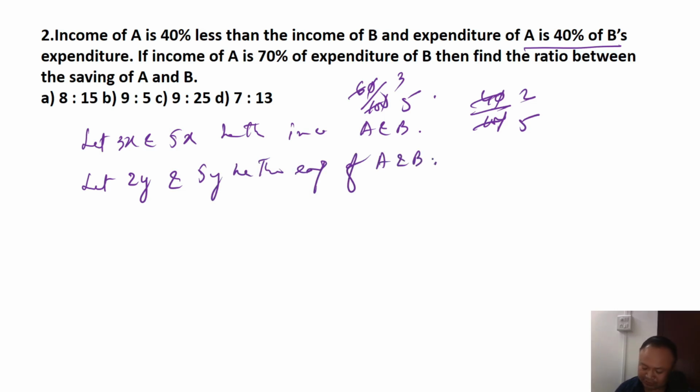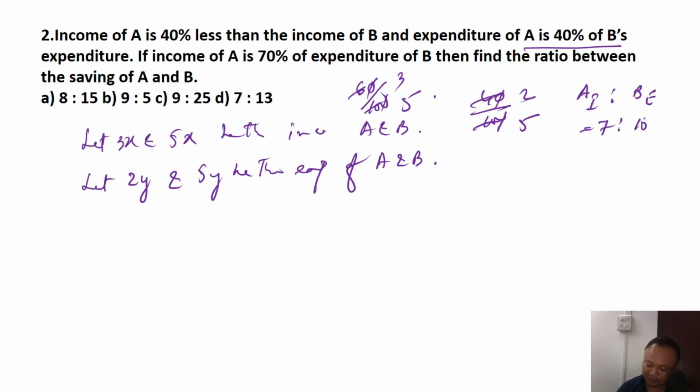If A saves 70% of the expenditure of B, then A's income and B's expenditure are 70%, 7 is to 10.